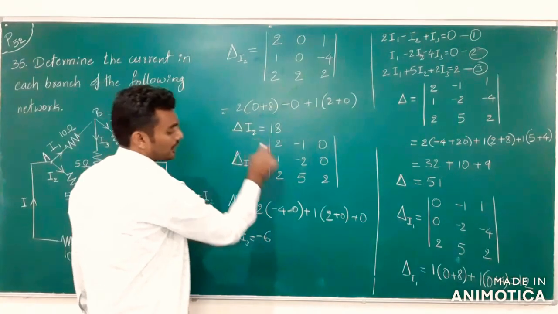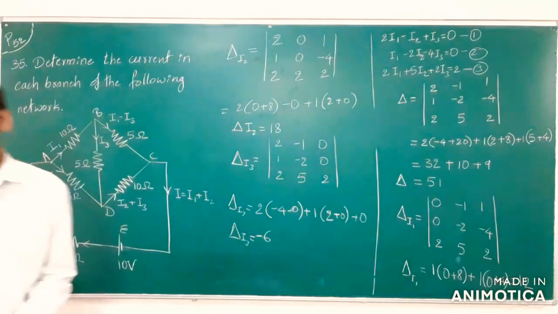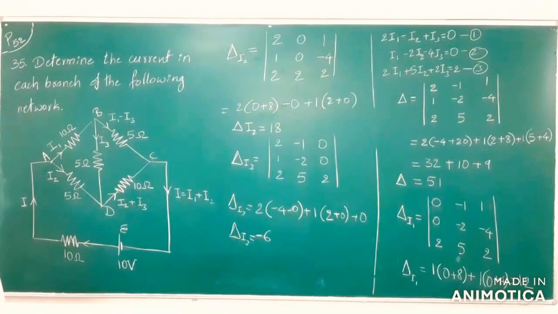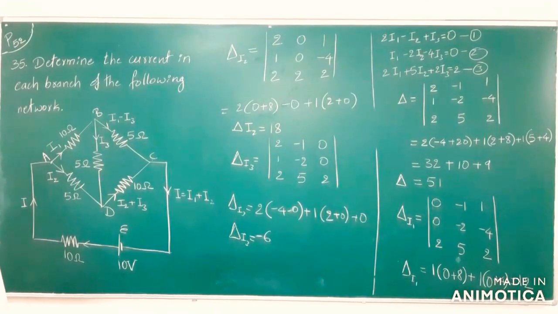Yeah, we have delta I1, delta I2 and delta I3, and it's time to get the values of I1, I2, I3 from them. Right. How do we get them? The last step.